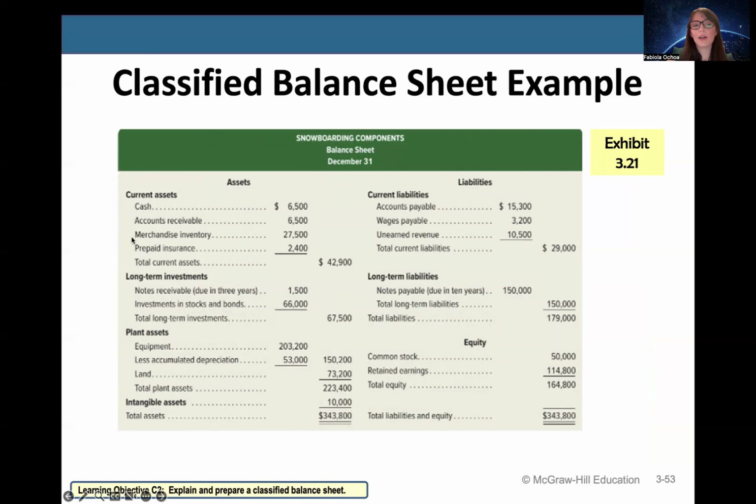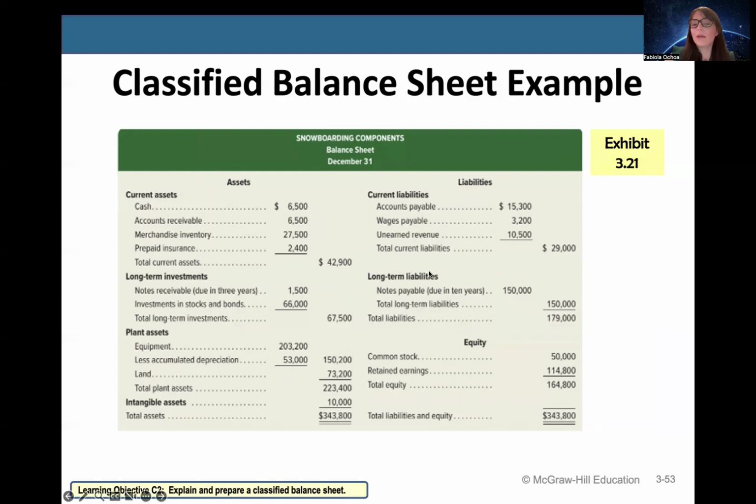Again, your current assets are items expected to be quickly convertible to cash if needed. Then you have your long-term investments, your plant assets and your intangible assets. Next, you have your current liabilities and your long-term liabilities. And finally, we have equity.